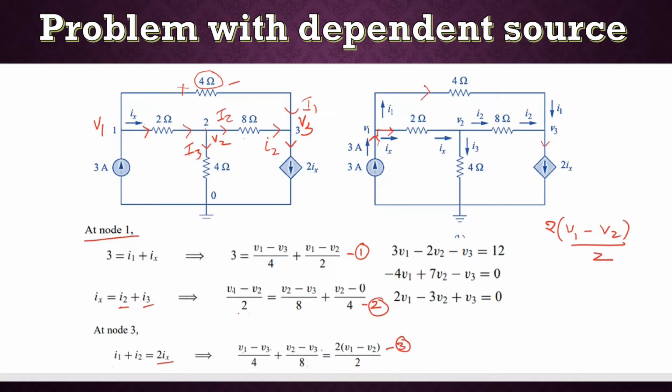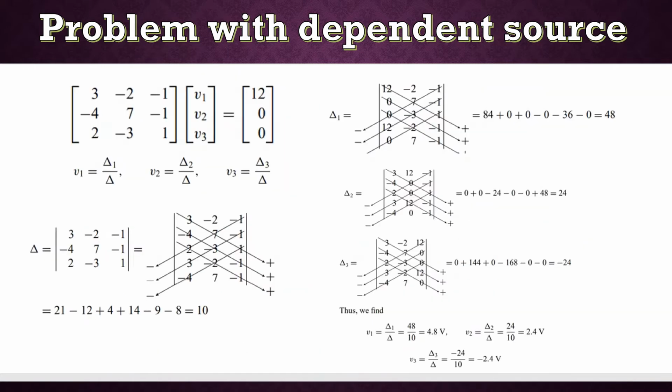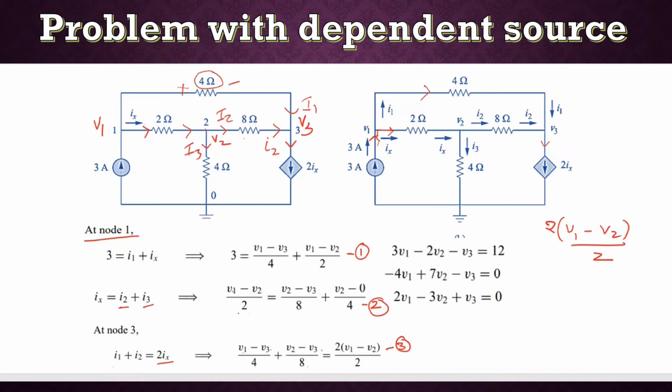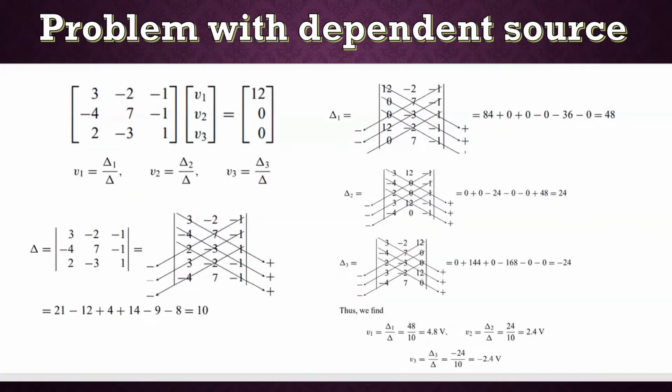Now how do I have to solve these 3 equations with 3 unknowns? Can anyone tell how I can solve? Using the matrix method. So here the coefficient matrix is written.